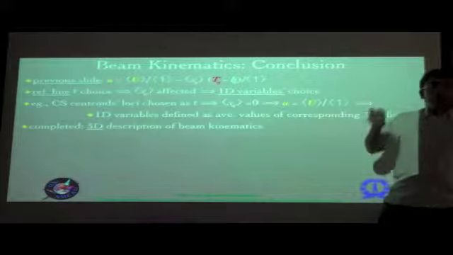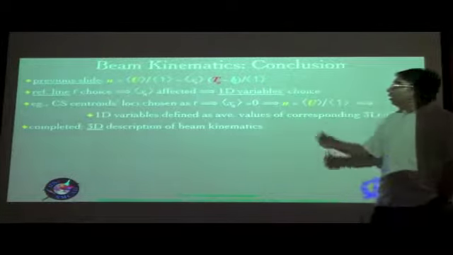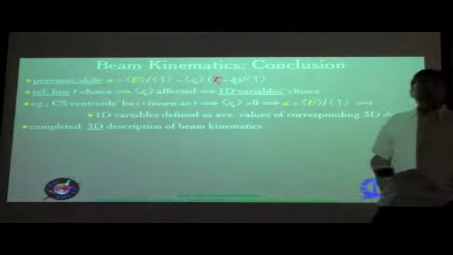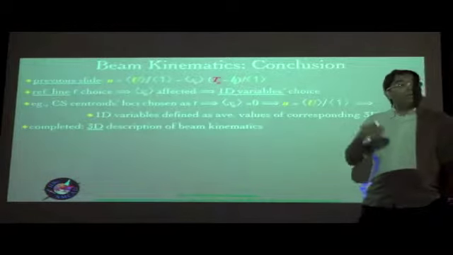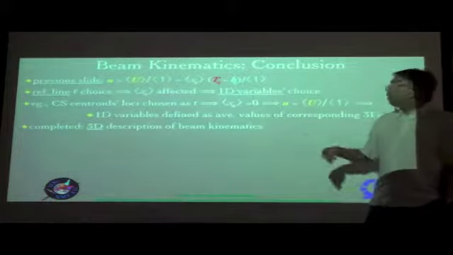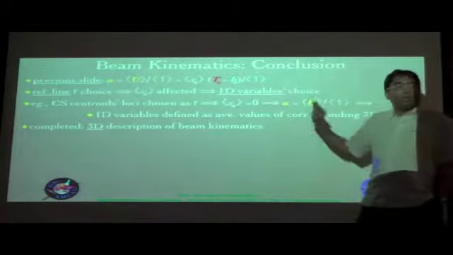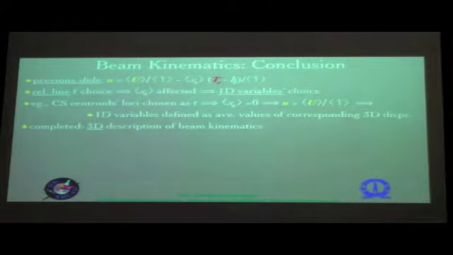For example, the choice of either the big B system or the big T system on the one hand, the choice of what constraints on the warping to incorporate, the choice of the reference curve. So there are so many things that you still have a lot of freedom over, and within that framework, with all of that freedom, we have established a general kinematics for the beam, 3D as well as 1D.